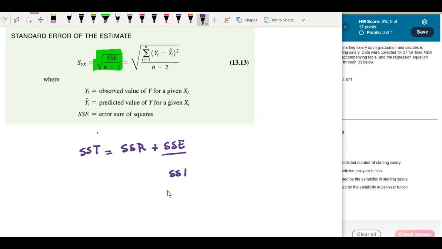So the SS error would be the SS total minus the SSR, and of course everything is going to be done on Excel. And again, n is 37, so this is going to be 35, and square root, of course. All right, let's move on to Excel.